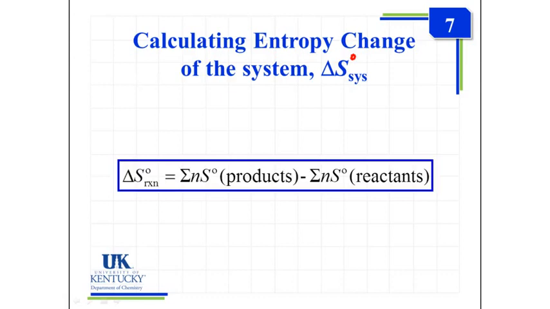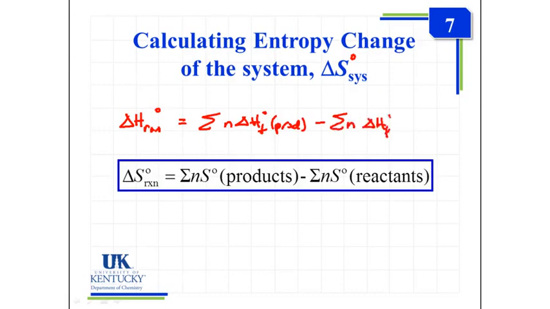The delta S of a reaction is going to be the sum of the entropies of products minus the sum of the entropies of the reactants. Now this equation will be very, very similar to one that you saw when you dealt with thermochemistry and learned to calculate the delta H of a reaction using the sum of the delta H of formation of products minus the sum of the delta H of formation of reactants.